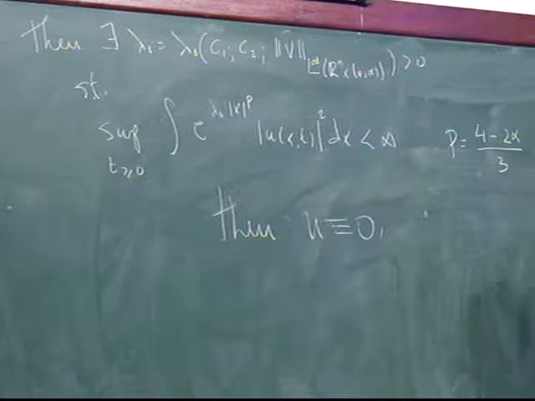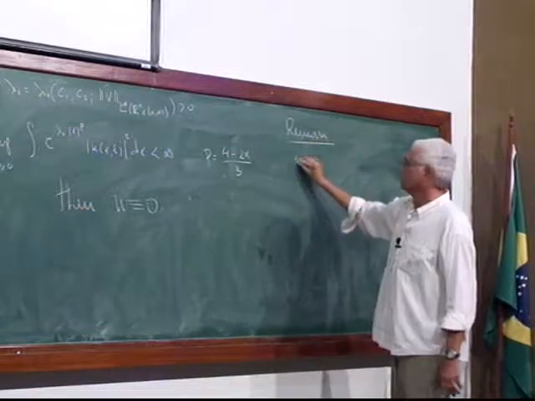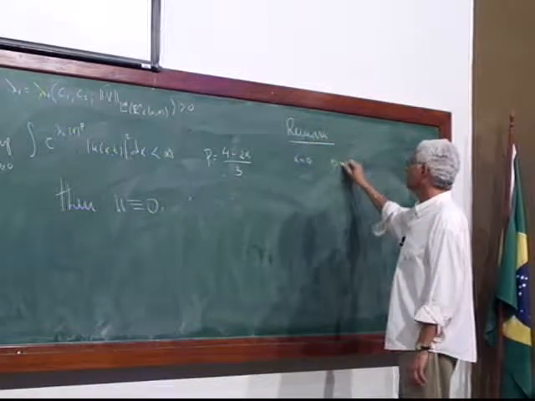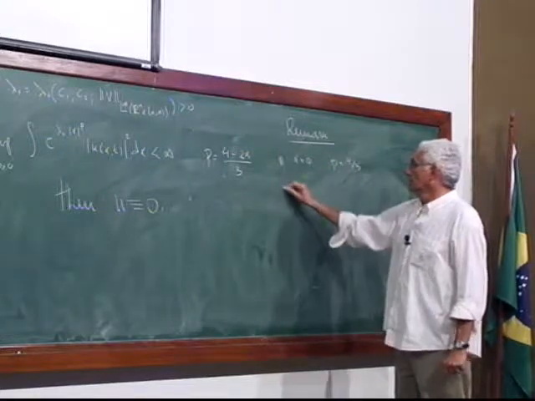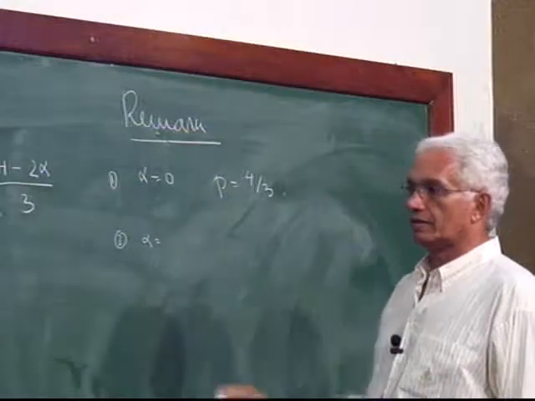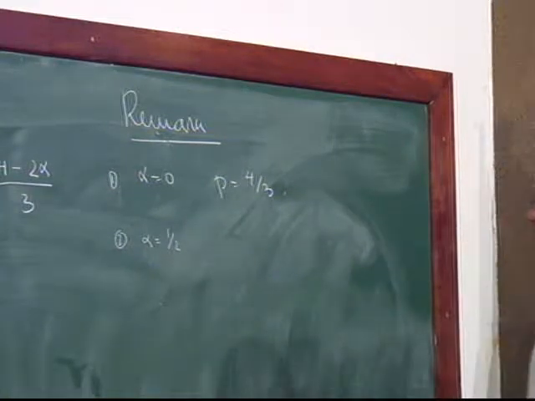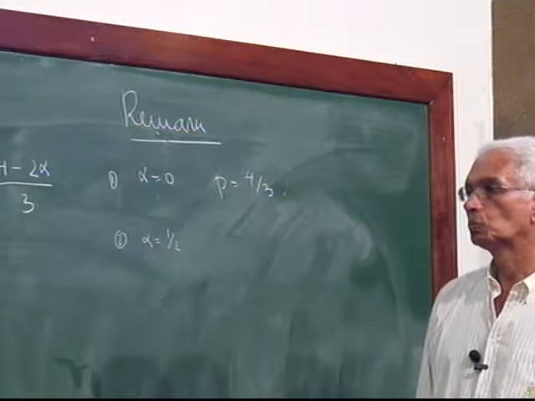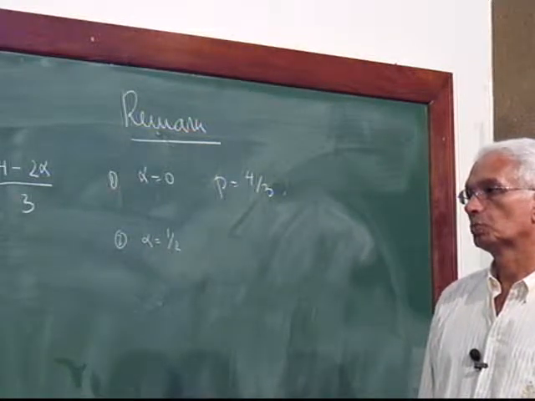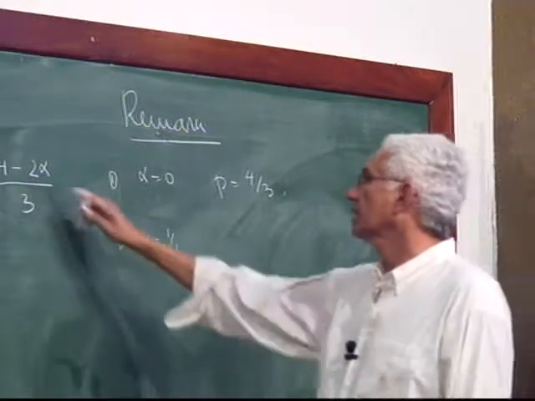Okay, remarks. Suppose that alpha is equal to 0, p is equal to 4/3. If alpha is equal to 1/2, then you're going to have that p will be like, alpha is 1/2, then this is 1.